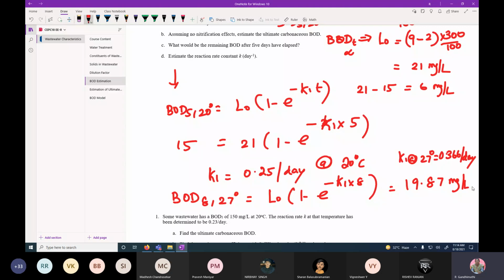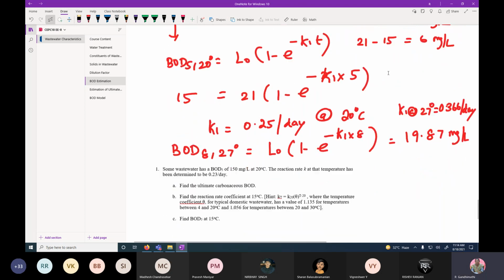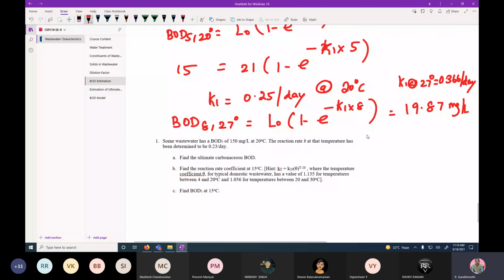Okay. Can you just calculate what is BOD 3,27? Then you will get a clear idea. BOD 3,27. Already you have the value for this.